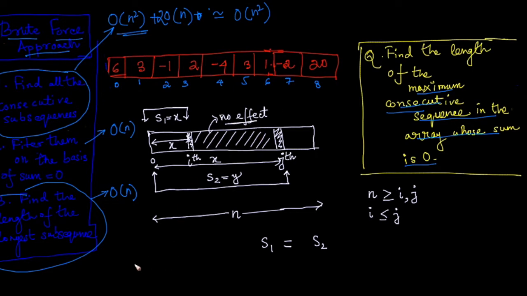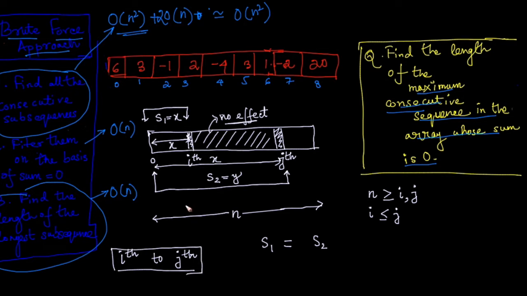That means I can say that in the array from the ith location to the jth location, there is a subsequence which can be added up to 0. So this is the actual hack we will use to solve the problem.